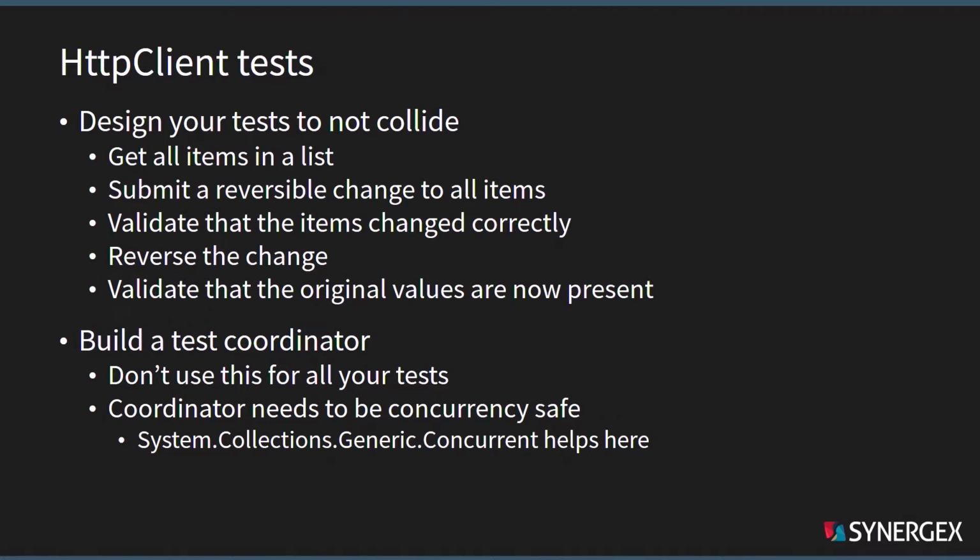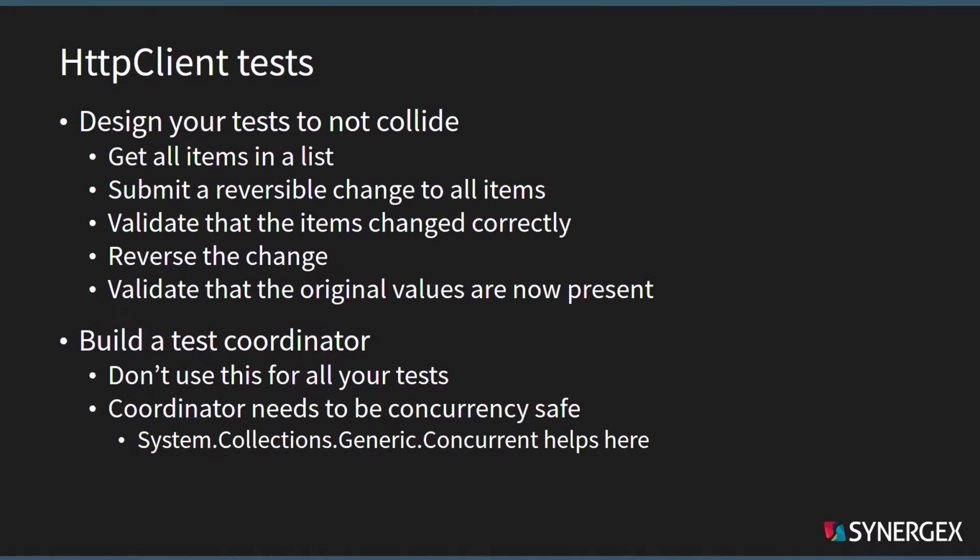The other option, besides just building your tests to not collide, is to build a test coordinator of some kind. One of the ways to do that is in memory. You can use something like System.Collections.Generic.Concurrent. That's a concurrency safe collection.